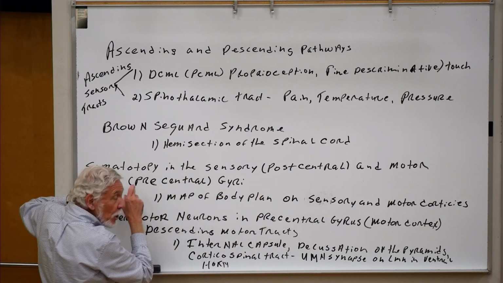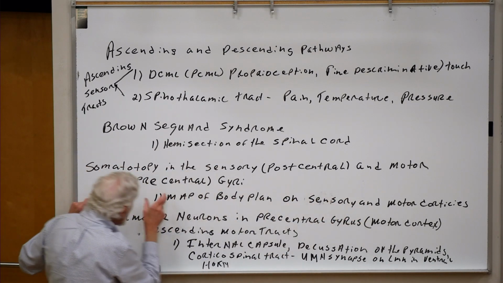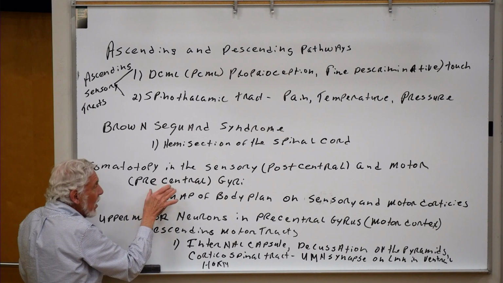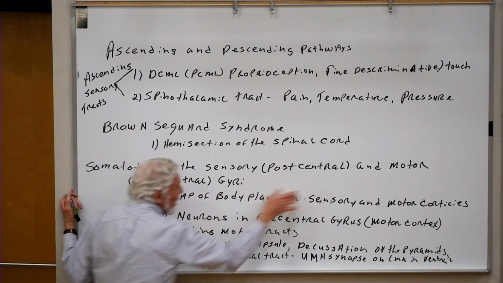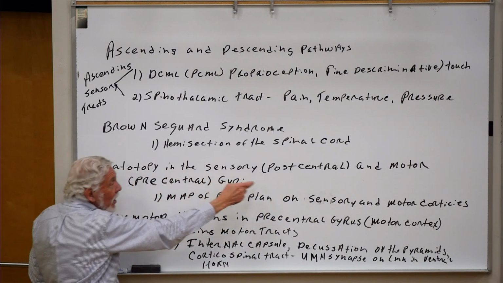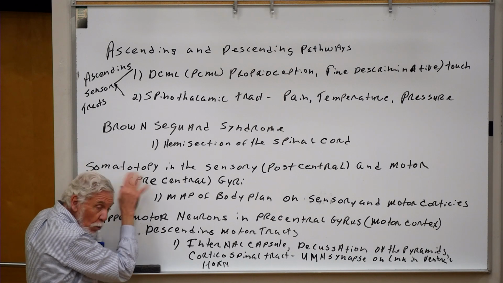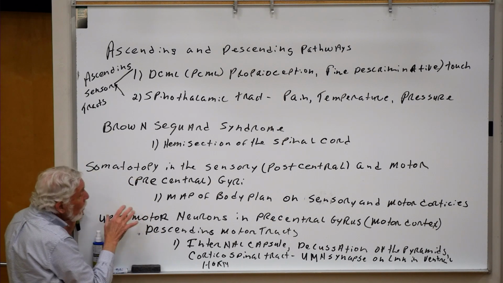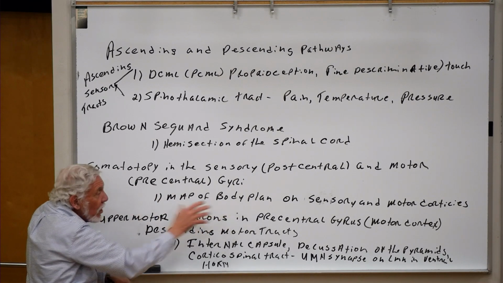But we're going to see that just behind that, on the other side of this central sulcus, this great fissure, there's the precentral gyrus, which is then motor. So postcentral gyrus is sensory and motor is precentral, and we'll walk our way through that. Then we're going to map the body plan of both the sensory and motor cortices.